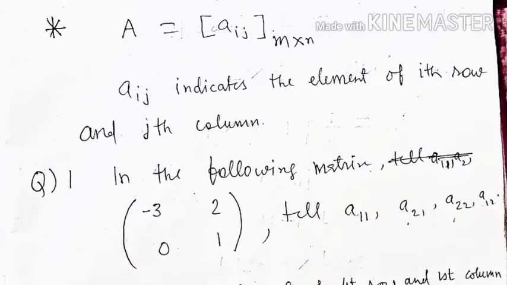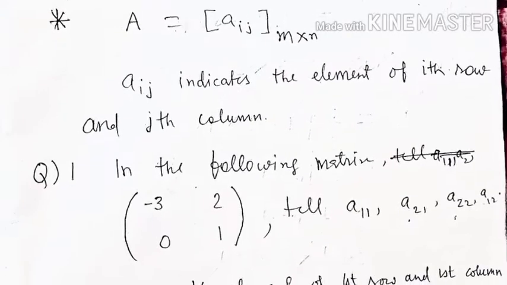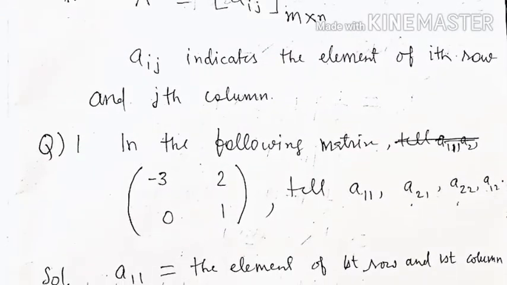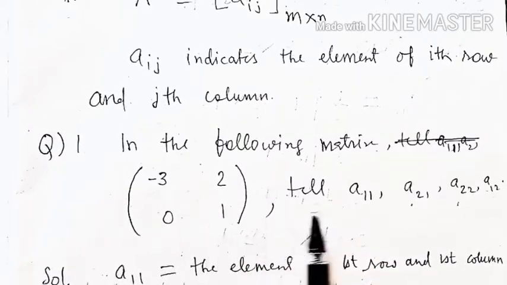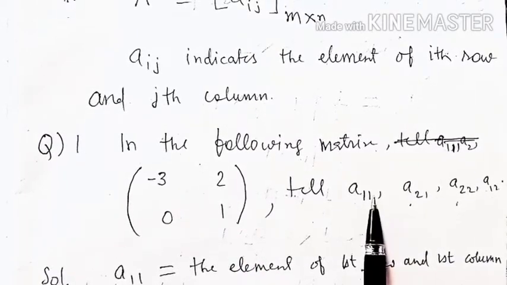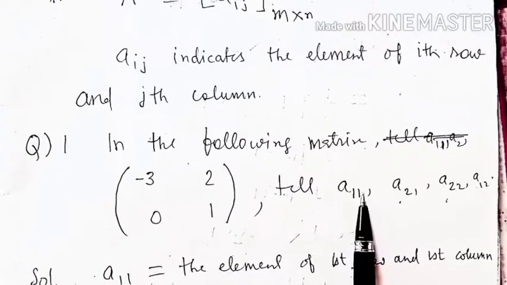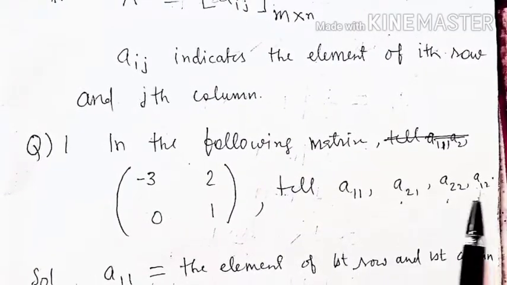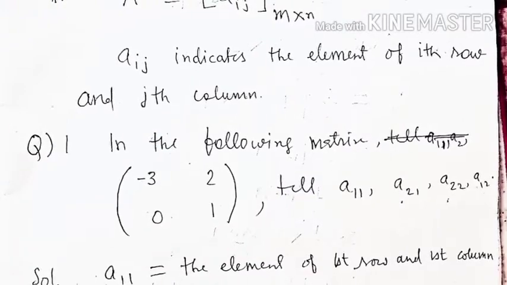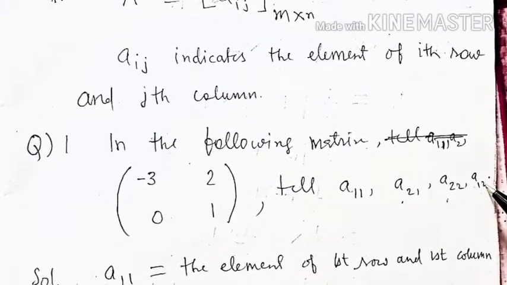Now let us do a question. Here the question is, in the following matrix -3 2 0 1, tell A11, A12, A21, A22. So how can we write?